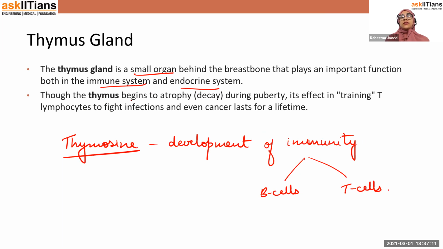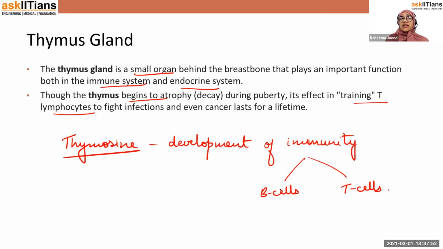The thymus is large and pink in color when we are born, but it gradually atrophies when we grow up. It helps in training the T lymphocytes to fight infection, and even cancer lasts for a lifetime. The blood is synthesized in the bone marrow, right? Inside the bone marrow, the B cells mature there only, but the T cells are synthesized in the bone marrow, then they migrate to the thymus gland, where they differentiate and mature.